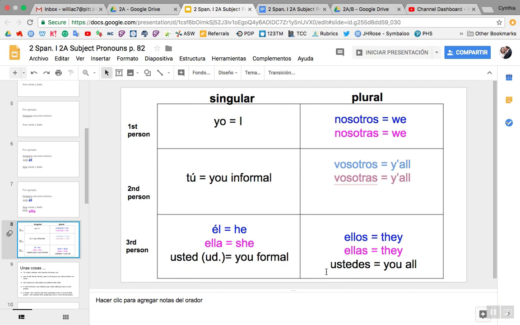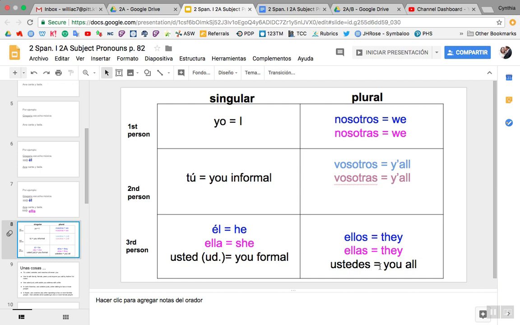Like if you're referring to like a group of your teachers. However, if you're in a place where vosotros is not used at all, which is going to be a lot of what you're going to hear around where we live, then ustedes means y'all for anybody, whether it's formal or informal. Okay, so keep that in mind.